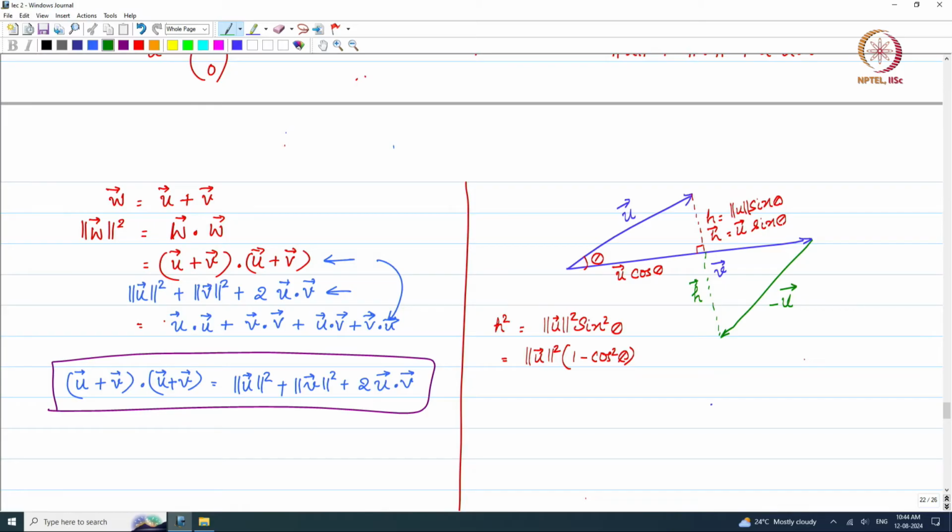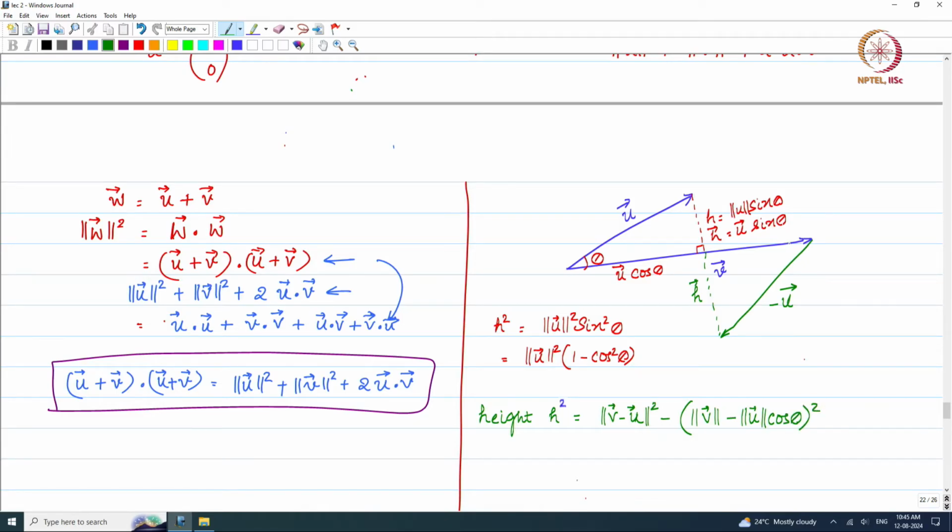What I am going to have is v minus u the whole squared length. So the height h squared is equal to the squared length of v minus u, minus the length of v minus the length of u cos theta the whole square.